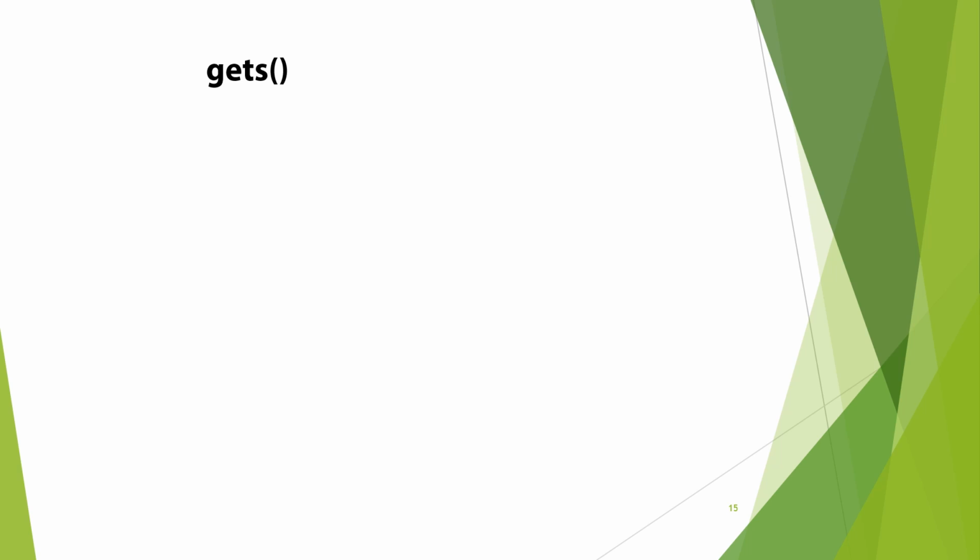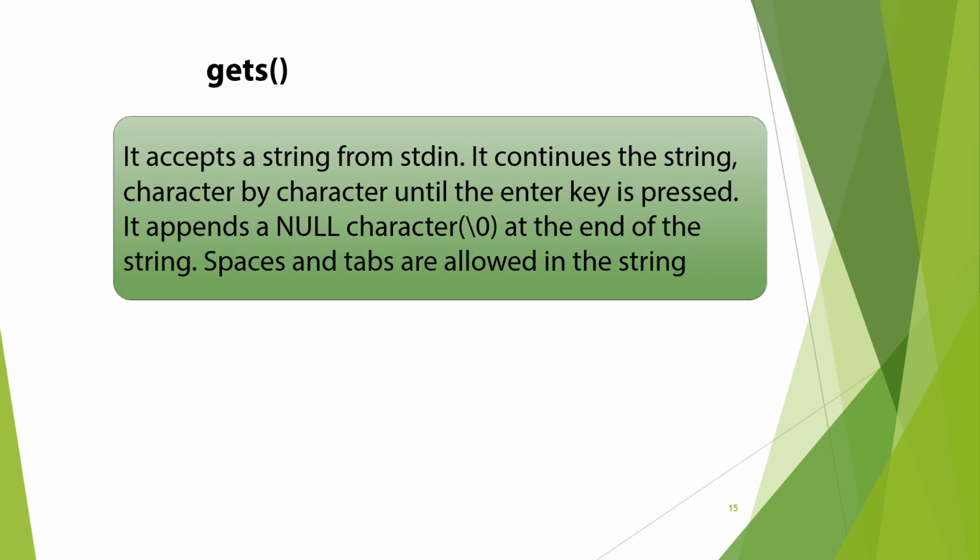Now the first function is gets. The gets function accepts a string from the standard input device. It continuously reads the string character by character until the user presses the enter key.